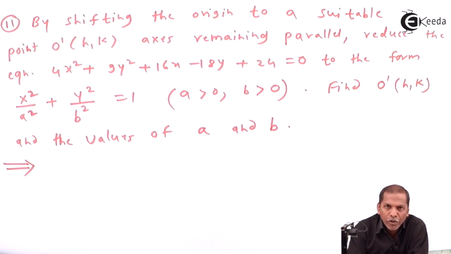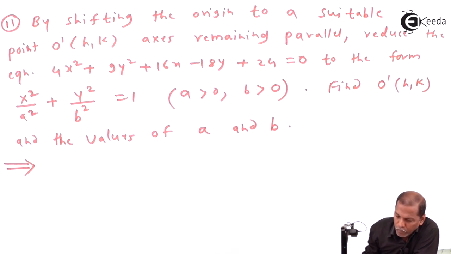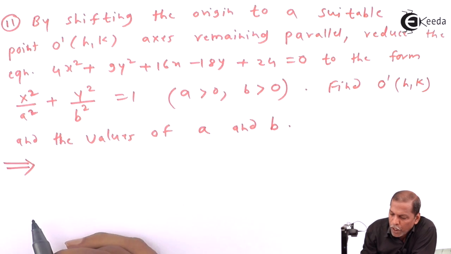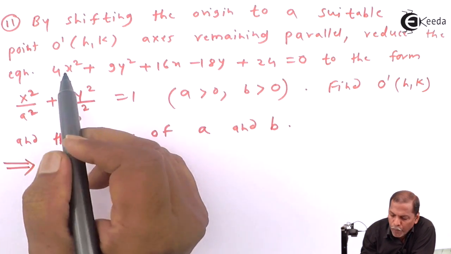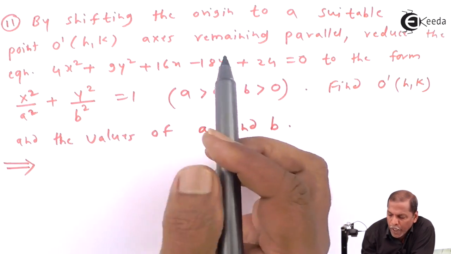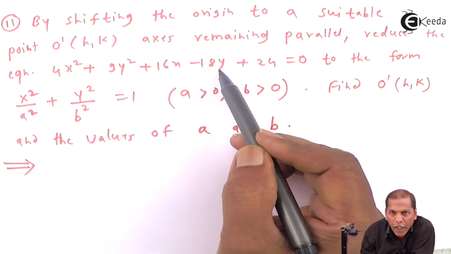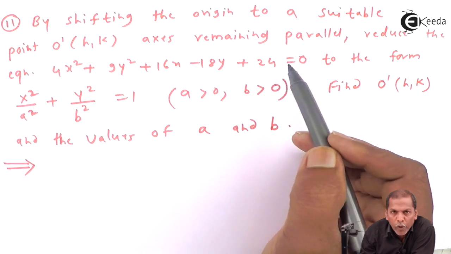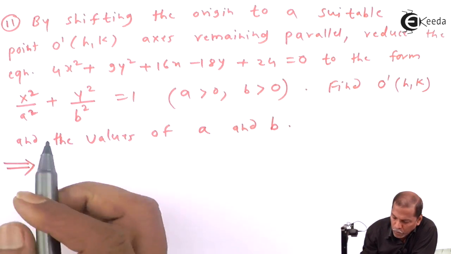Now let's see the solution. So here we have given that the old equation of locus is 4x square plus 9y square plus 16x minus 18y plus 24 is equal to 0.